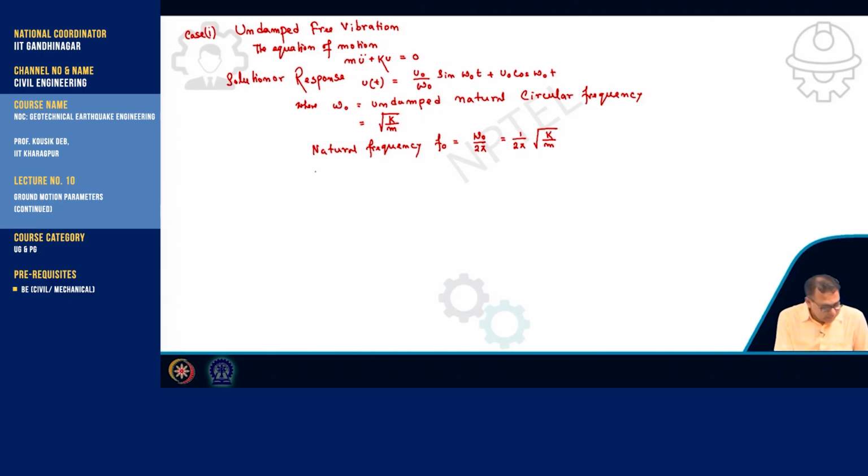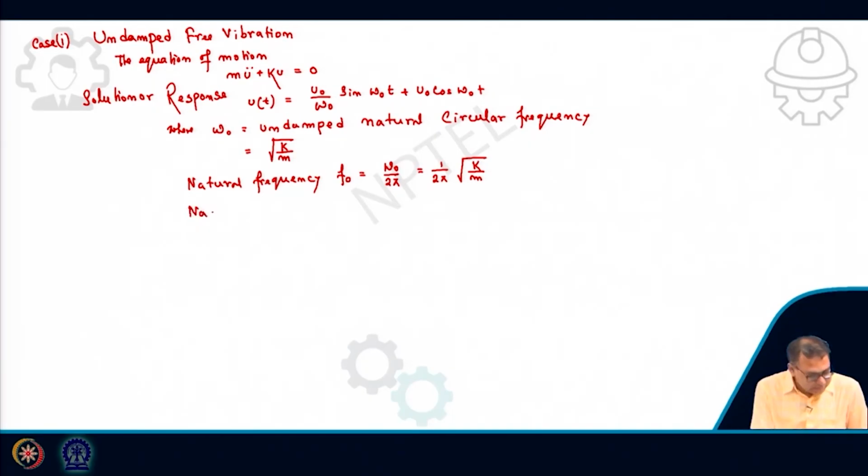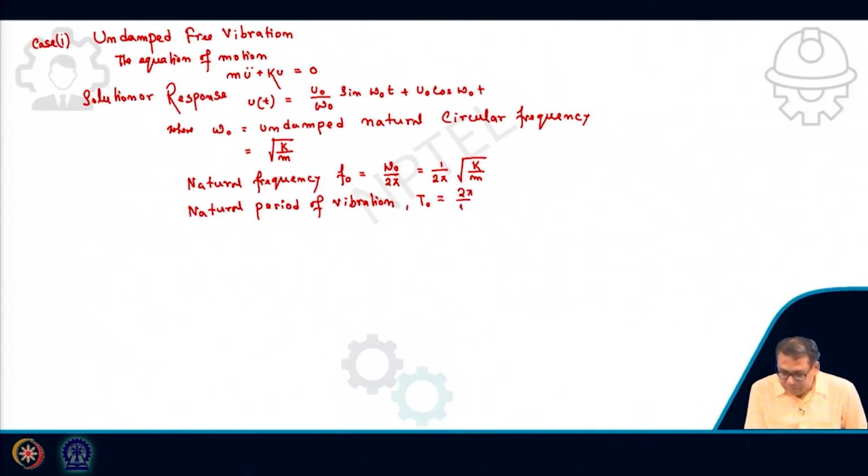Now similarly I can write the natural period of vibration. That T0 will be 1 by F0, so that will be 2 pi by omega 0, which is 2 pi root over m by k.